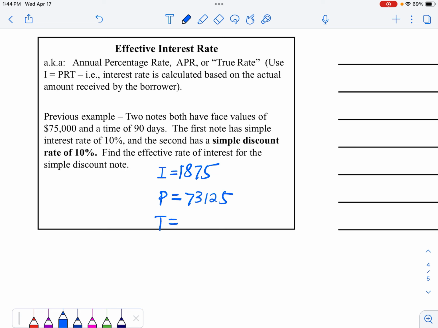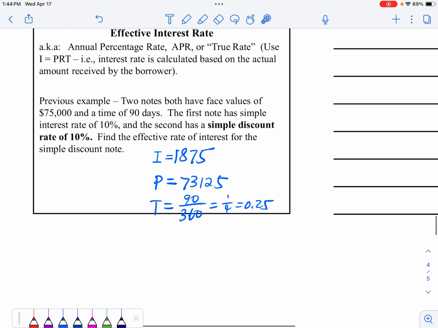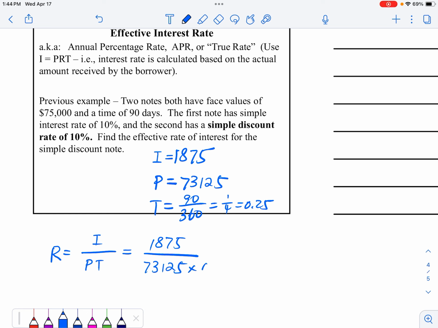And the time is 90 days divided by 360, which is 1/4, a quarter, which is 0.25. Now we have to use this formula to find the real APR. So the real APR, which is the rate, is I divided by PT. I is 1875, P is 73,125, and T is 0.25.